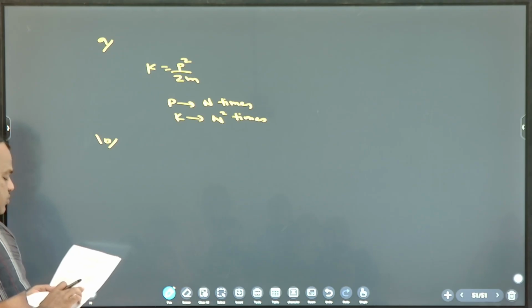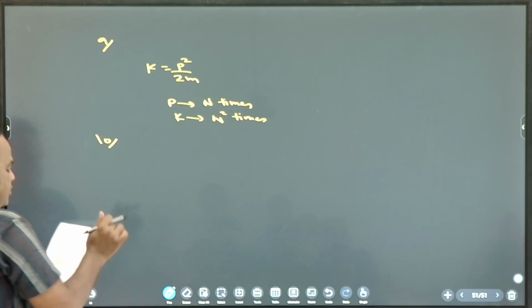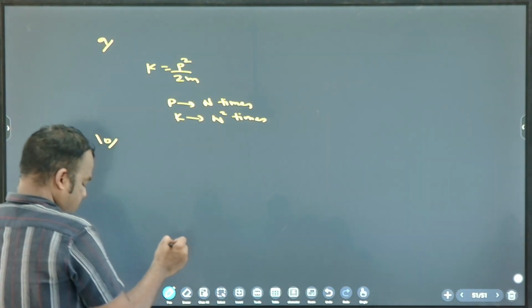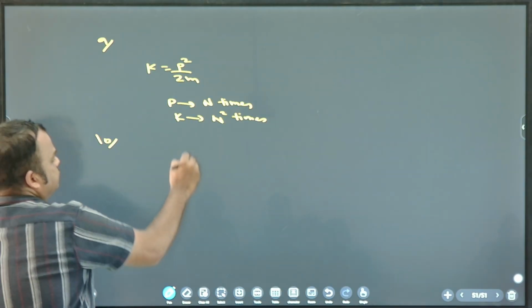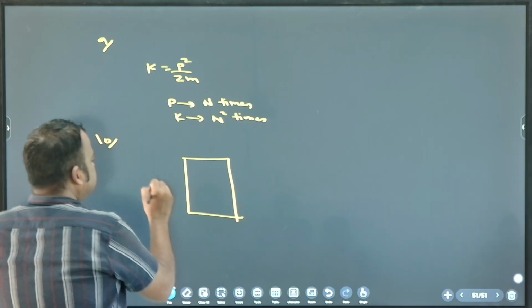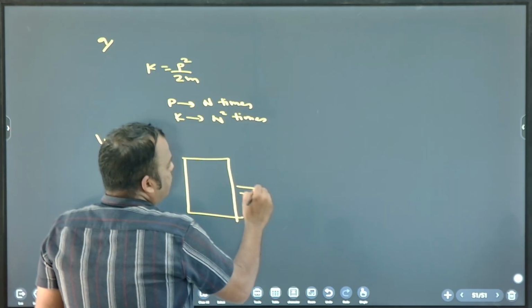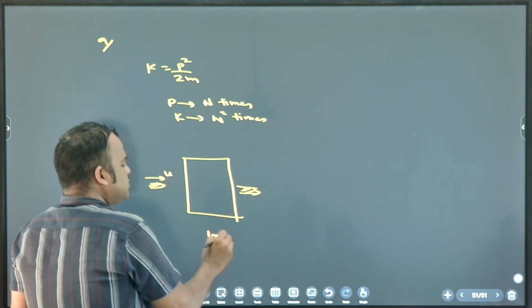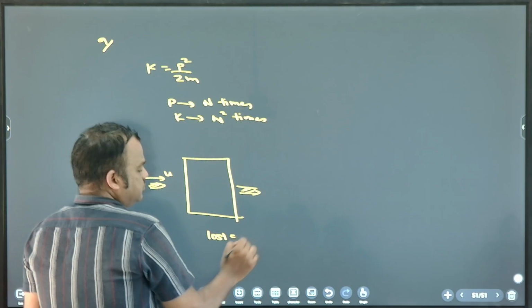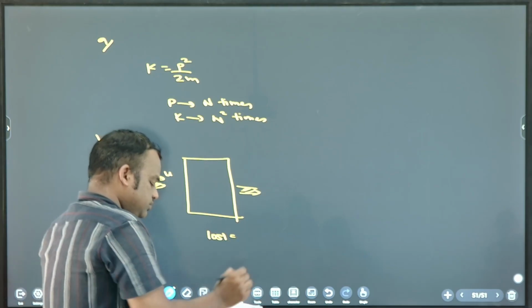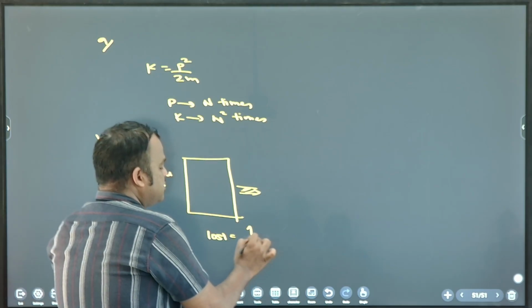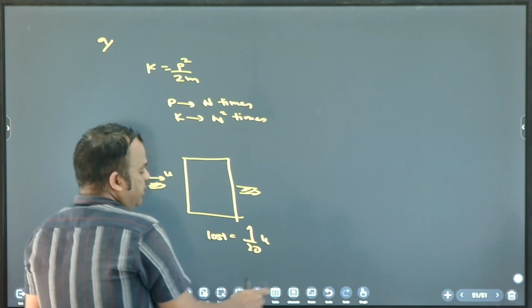A rifle bullet loses 1/20th of its velocity when passing through a plank. Suppose this is the plank and it is going with velocity u. How much is it losing? 1 by 20 times u is lost.